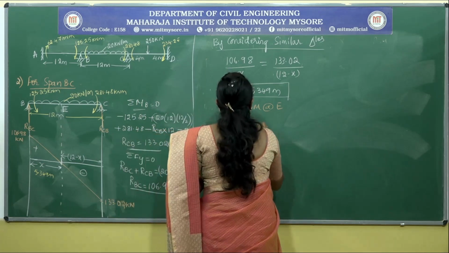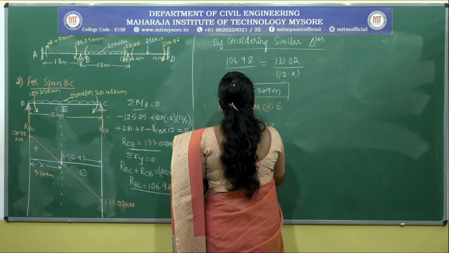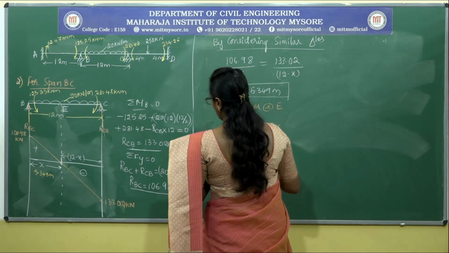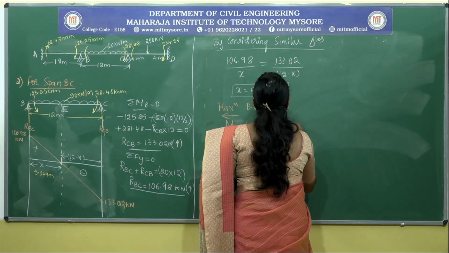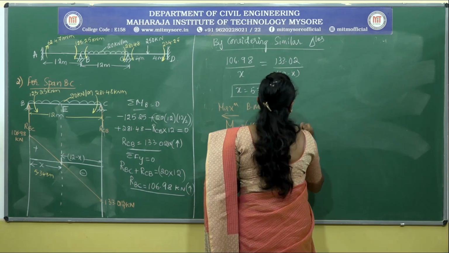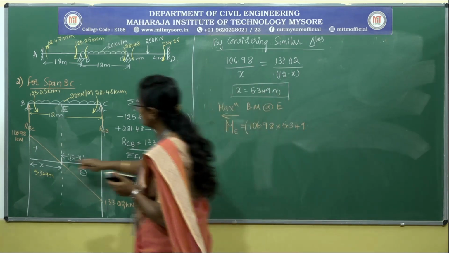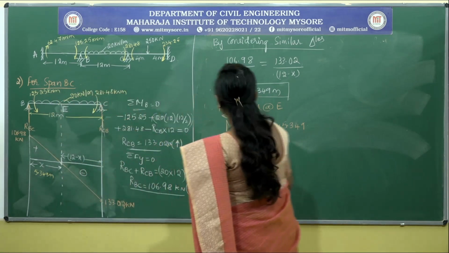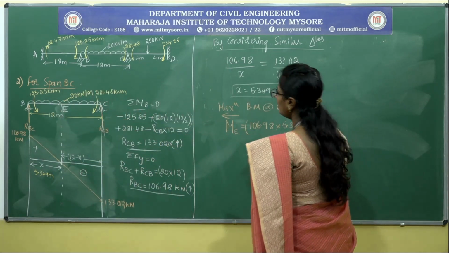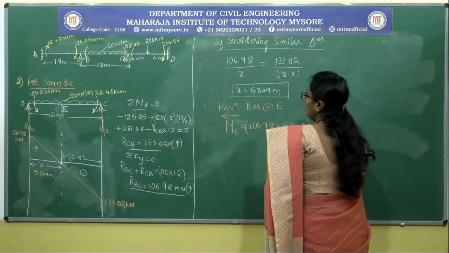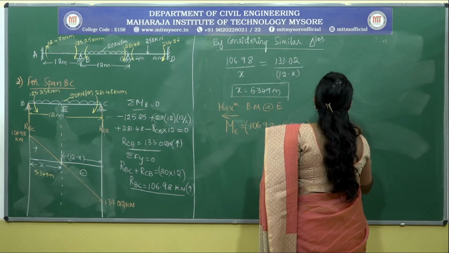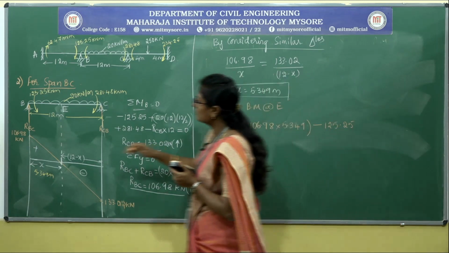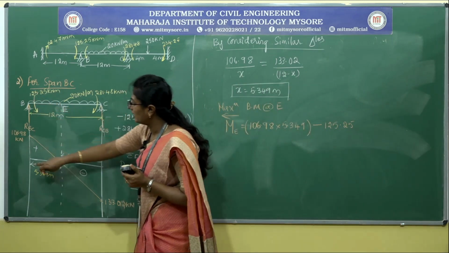So, 106.98 into x, that is RBC into 5.349, minus 125.25. This is minus because it is acting in the anti-clockwise direction.